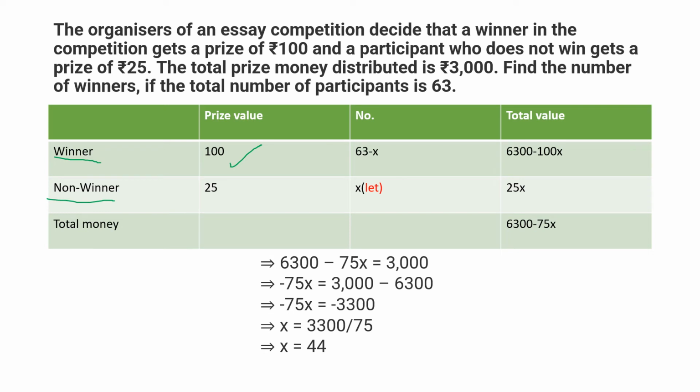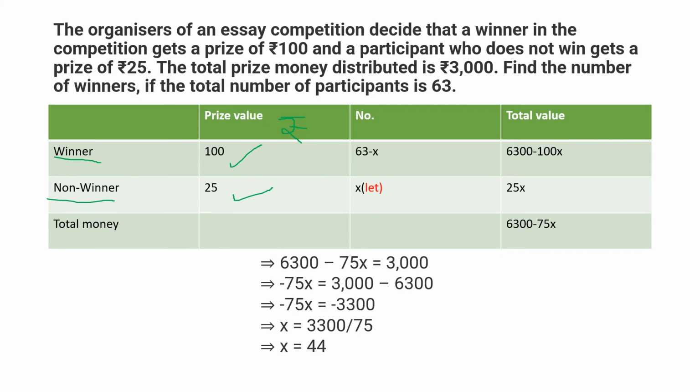So the prize value given for a winner is ₹100 and the prize value for a non-winner is 25, the value in rupees. Now they are saying find the number of winners if the total number of participants is 63.